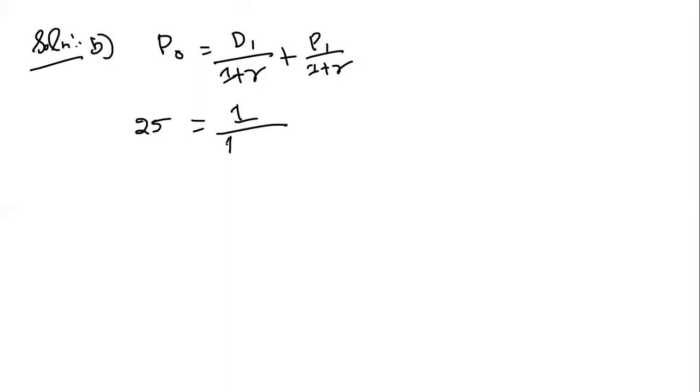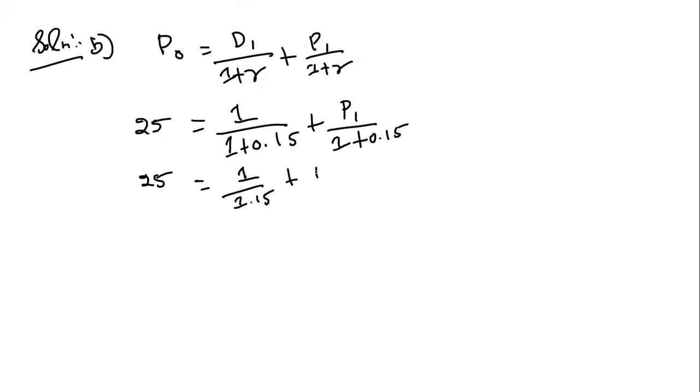And here it will become 1 divided by 1 plus 0.15, plus P, which we have to calculate, divided by 1 plus 0.15. So 25 is equal to 1 divided by 1.15 plus P1 divided by 1.15.